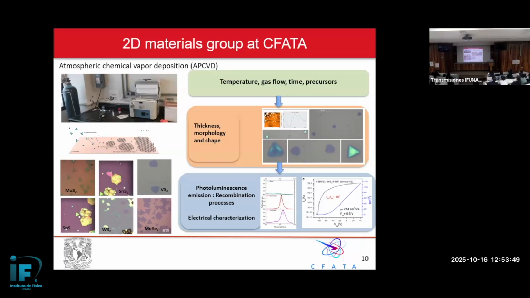And then the precursors here are solid precursors, like solid powder. So you heat up the furnace, you evaporate or sublimate the precursors, and you hope for the best, in order to find the right conditions to deposit this kind of crystal. Yeah, so thank you.